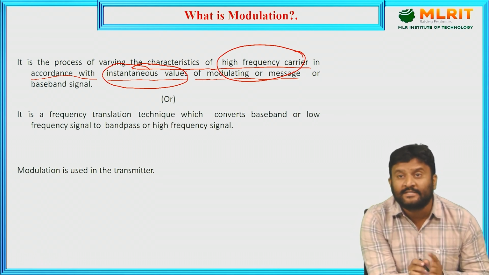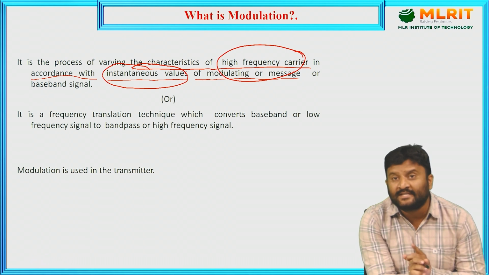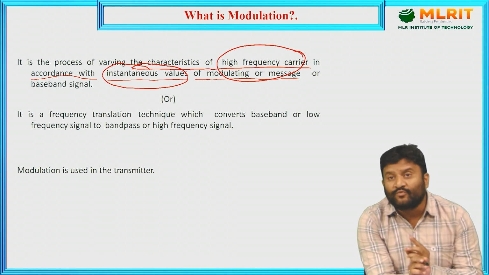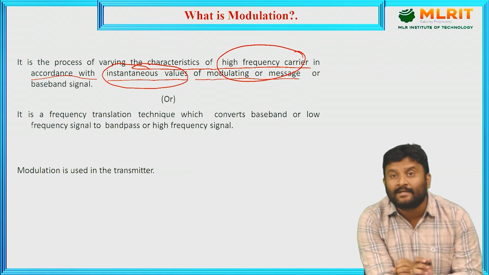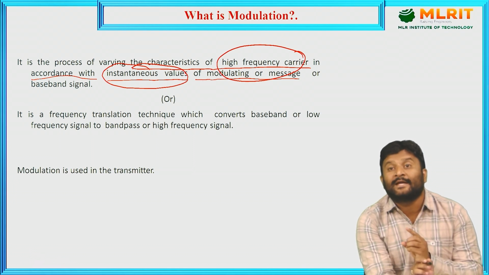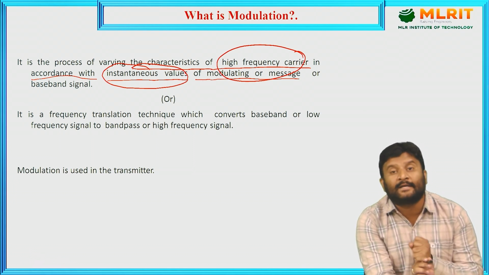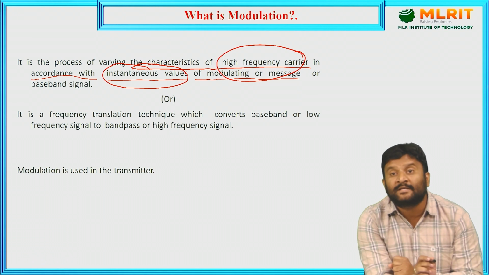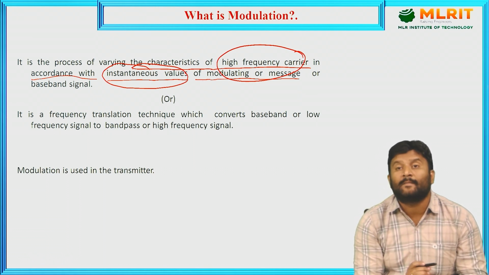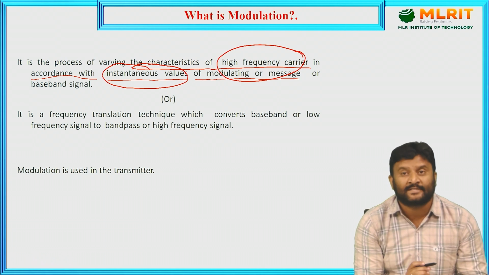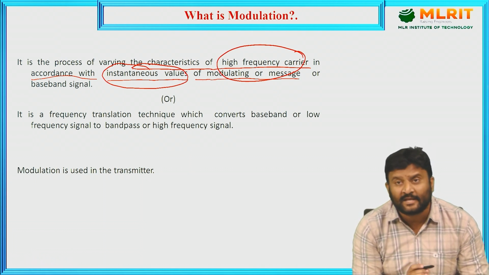Remember, this is very important. The message signal is also called a low frequency signal, and it is also called a modulating signal, an information signal, and a baseband signal. These are all other names for the modulating signal or message signal.